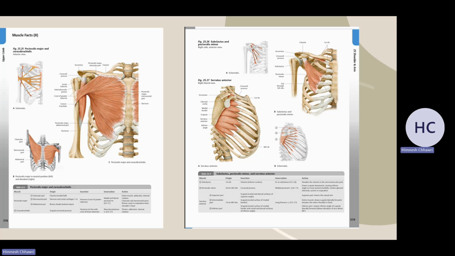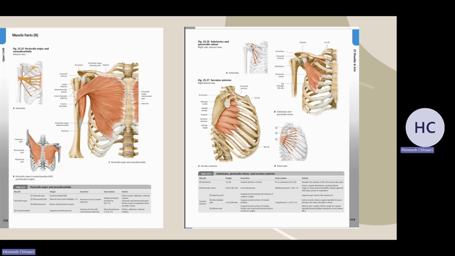So it moves in front of the scapula, and then moves medially, and then inserts into the border. So it's not attaching, it's moving anteriorly to the scapula, okay? You can see it's moving anterior, then inserts into the medial border of the scapula.